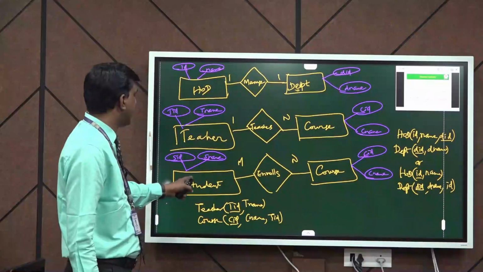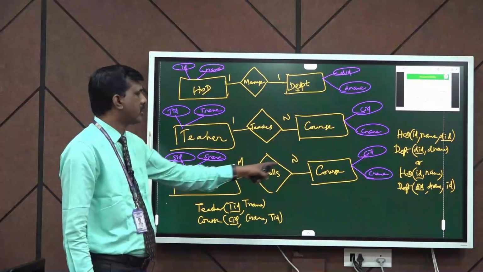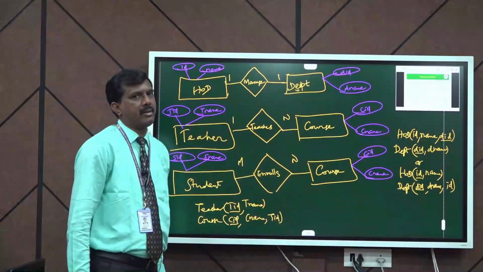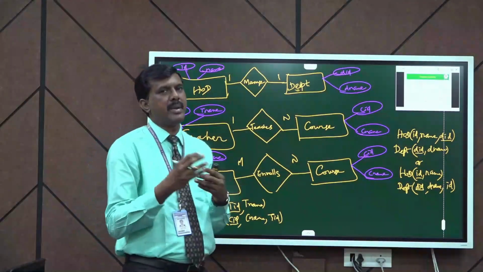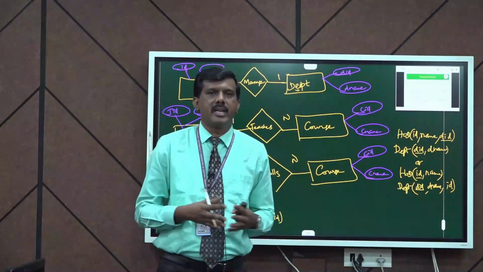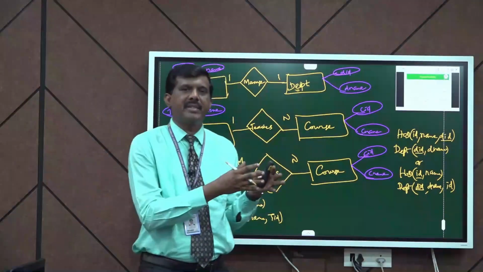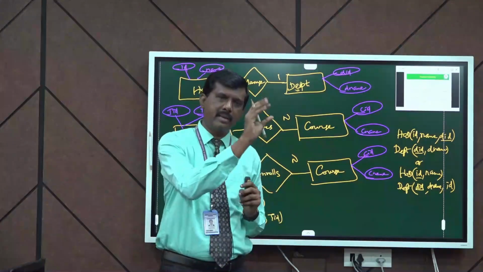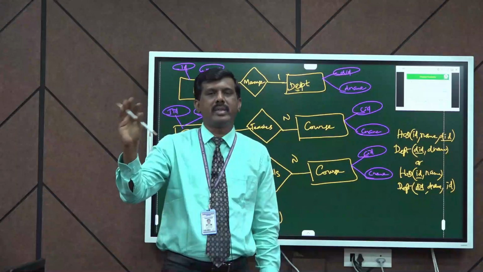So, in this example, student enrolls courses. Many students may enroll for one course. For example, a class of 45 to 60 students may be studying DBMS, a number of students doing one single course.